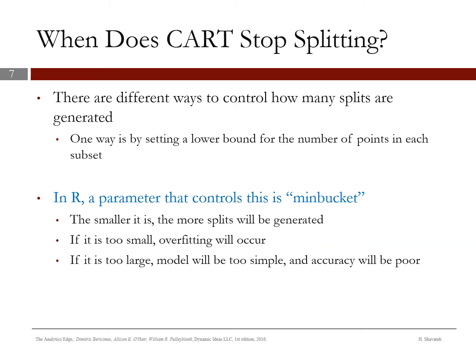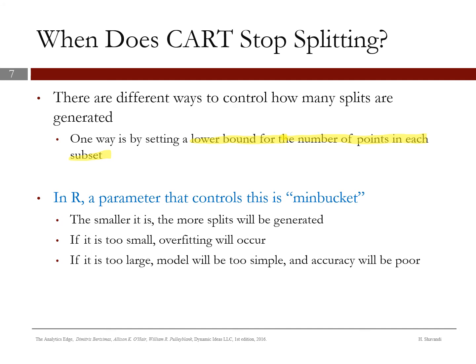So now an important question is, when does CART stop splitting? There are different ways to control how many splits we should generate in the CART method. One way is by setting a lower bound for the number of points in each subset. The number of points, I mean the number of observations, the number of cases in each bucket, in each partition.